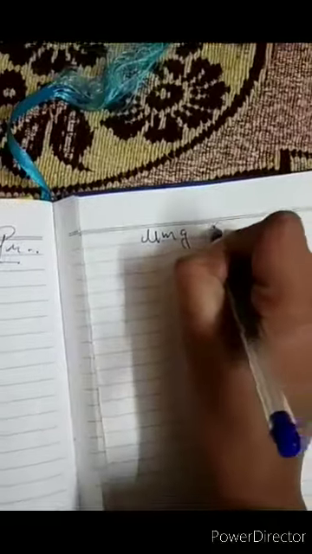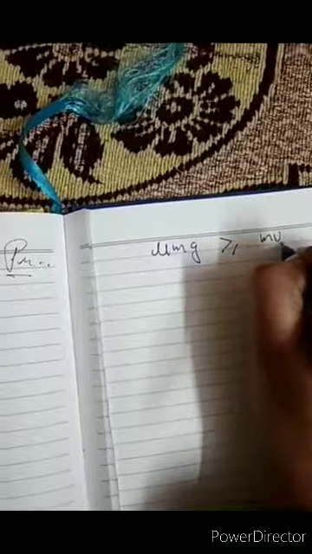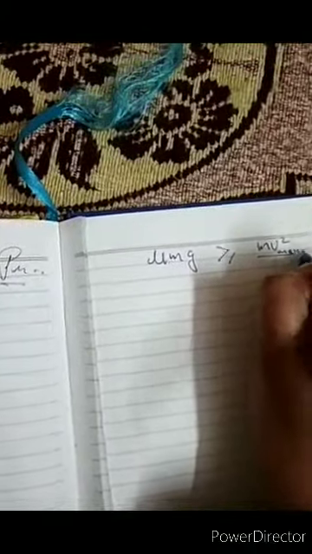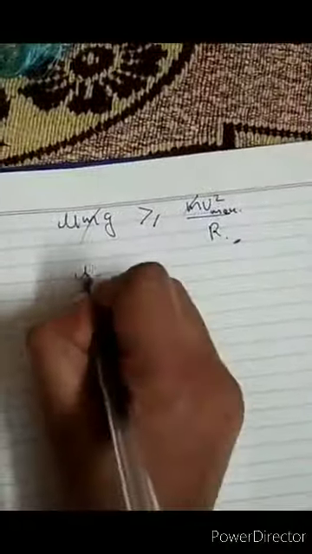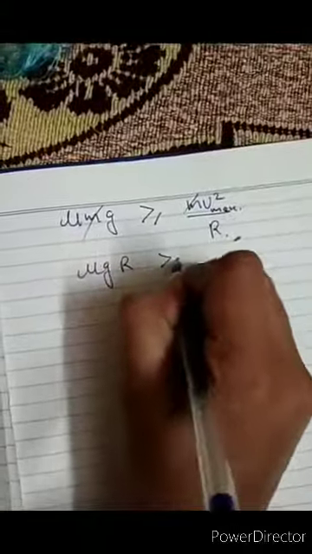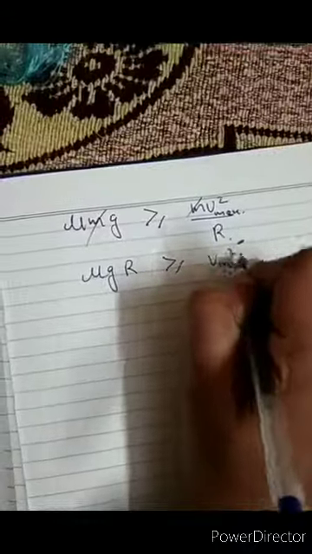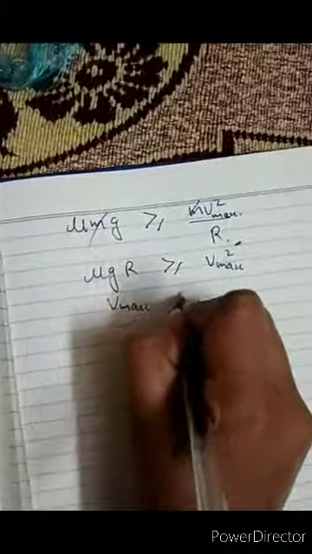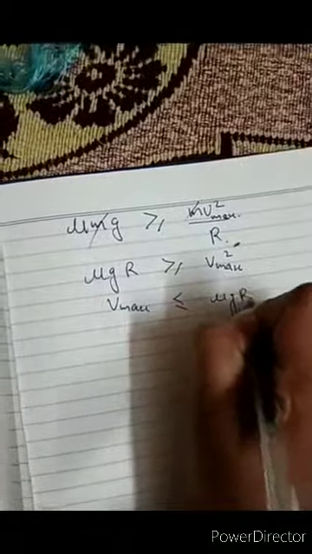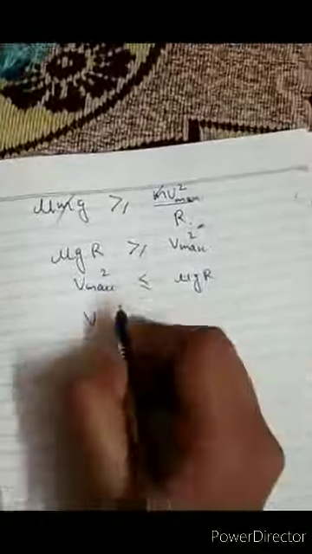So mu mg must be greater than or equal to mVmax square by r. Now m cancels with m. We have mu g r greater than or equal to Vmax square, or Vmax is less than or equal to square root of mu g r. Let's convert it to an equal sign so that it looks nice.